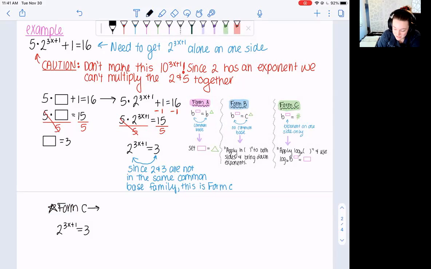So you're doing Form C, which means you're going to apply log base, whatever base you have, to both sides. So this one will apply log base 2 to both sides.